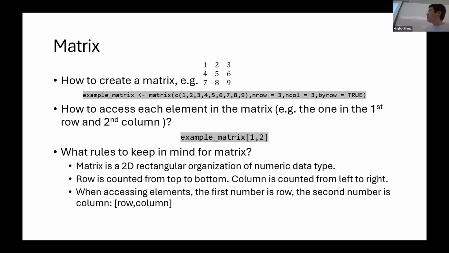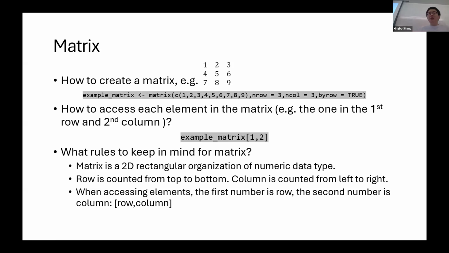And then R asks you, okay, do you want to put each number like 1, 2, 3 like this? Or do you want to first put it along the column, like below 1 is 2 and below 2 is 3, or to the right of 1 is 2 or 3. It's either filled by row or by column. So then similarly, how do you access an element in the matrix?